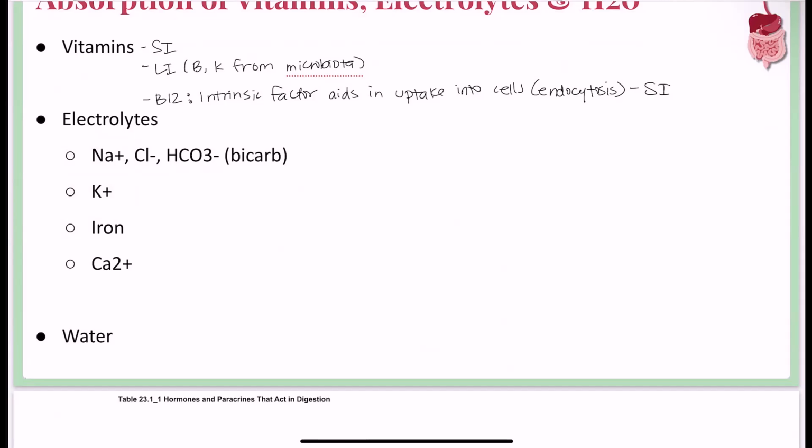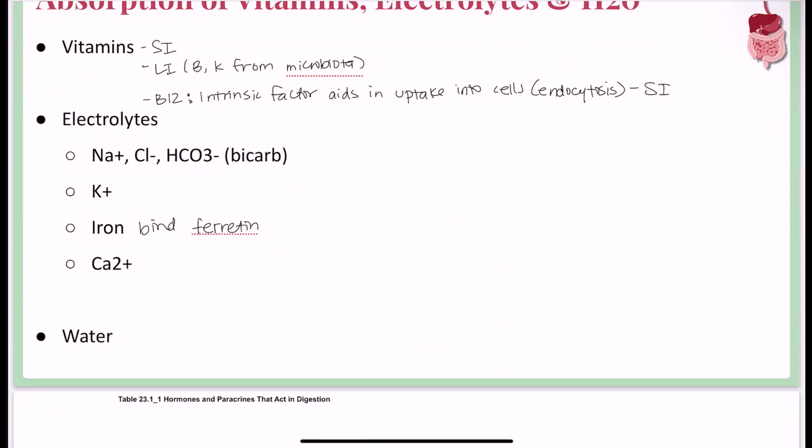Potassium oftentimes enters cells by diffusion. Iron usually involves active transport into cells, and it enters the blood when needed. And it usually hangs out where it can bind to this molecule ferritin, which kind of just holds on to it. And then once iron is needed in the blood, it unbinds from ferritin and enters the blood.